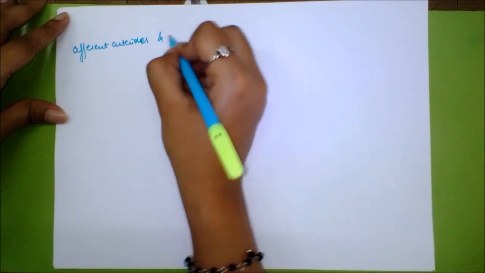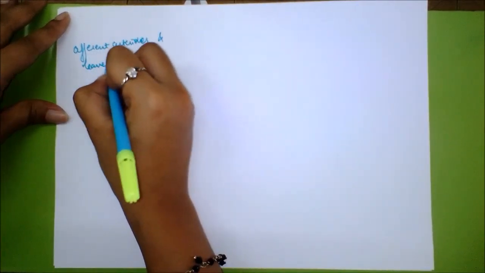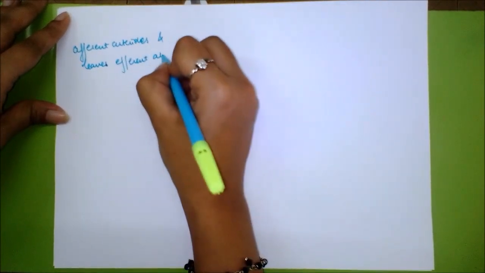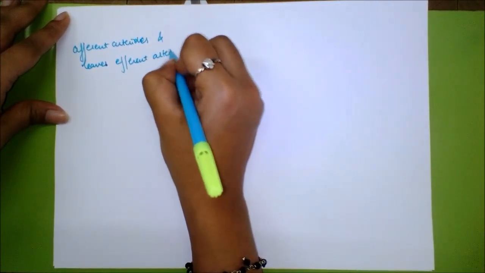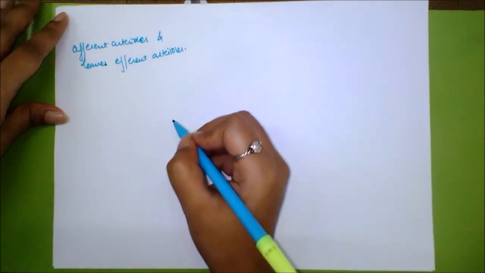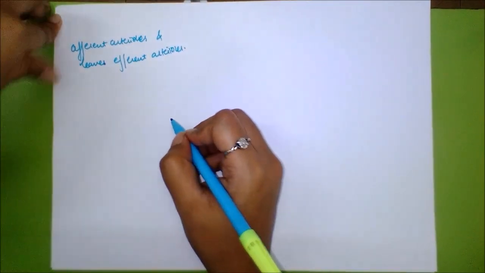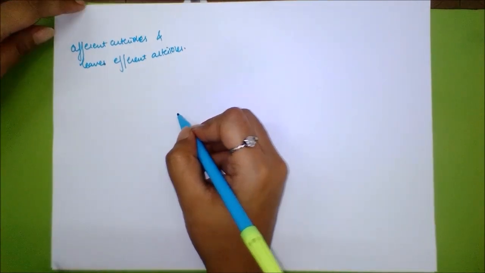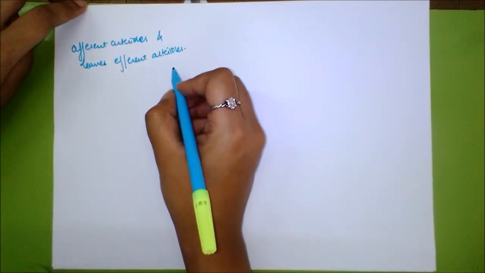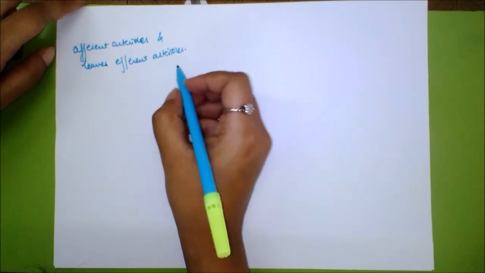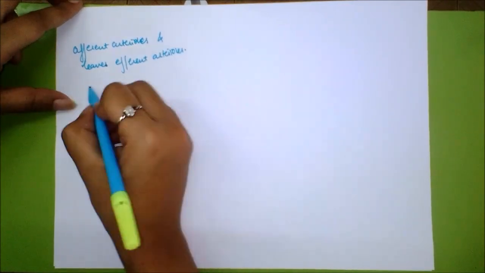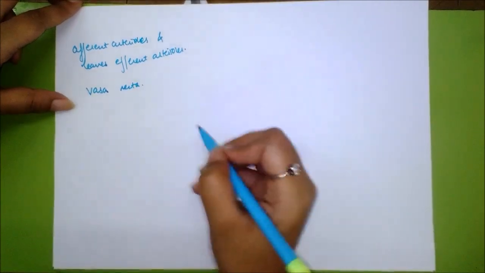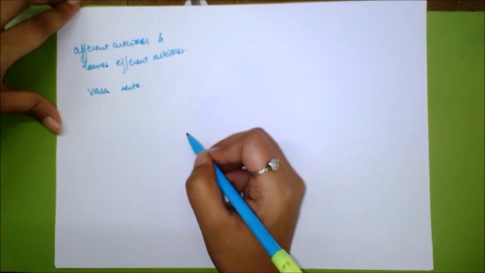The efferent arteriole divides to form the peritubular capillary network around the convoluted tubules of nephrons. This network gives rise to the vasa recta, which extend in the medulla.